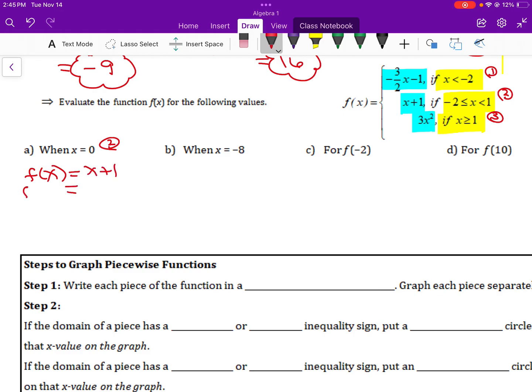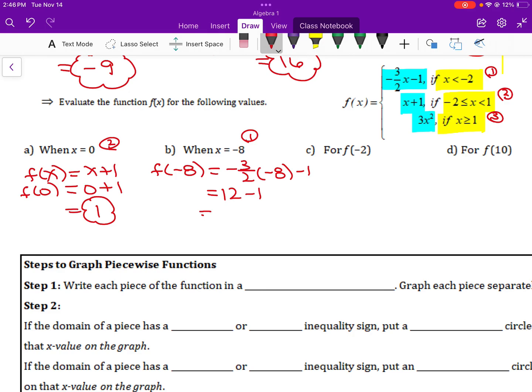Evaluating f at 0, 0 plus 1, which is 1. When x is -8, that falls into category 1. So f at -8 is -3/2 times -8 minus 1. That would be 24 over 2, which is 12, minus 1, which is 11.